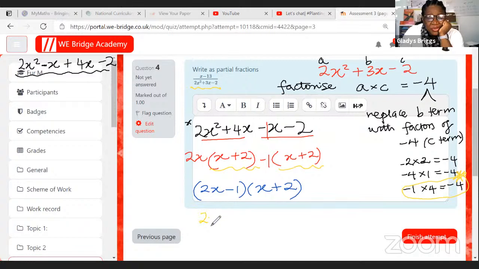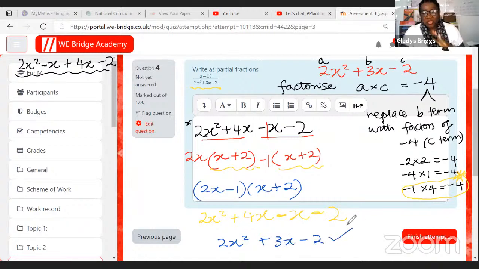This is going to give me 2x squared plus 4x minus x minus 2. Yeah. And that's going to give me what? 2x squared plus 3x minus 2. So check. So that's correct now. Okay, guys. That's how you do it.